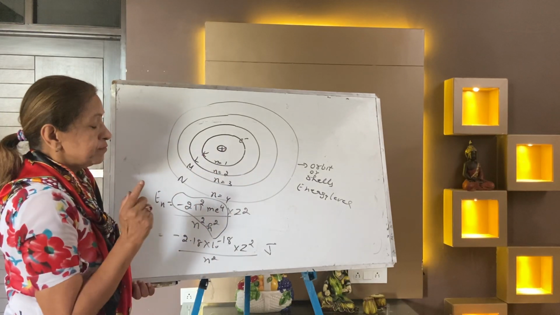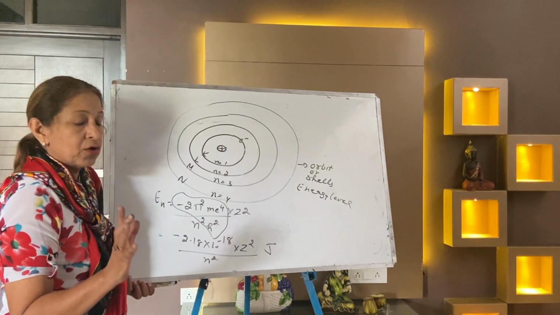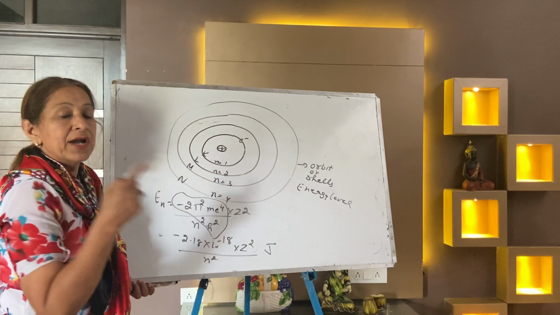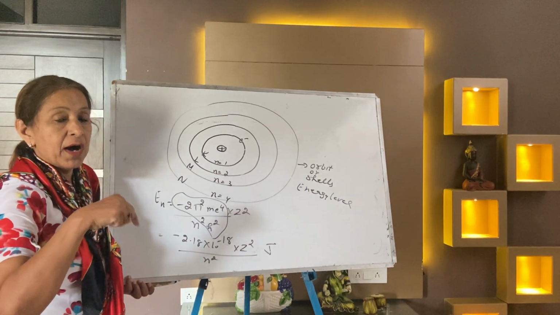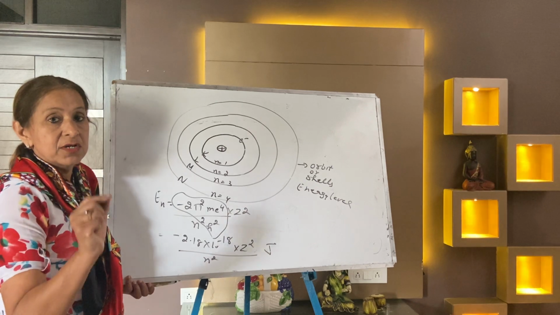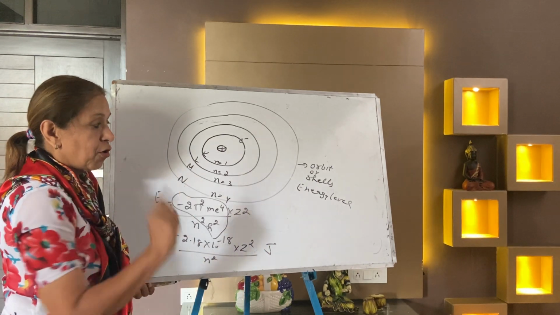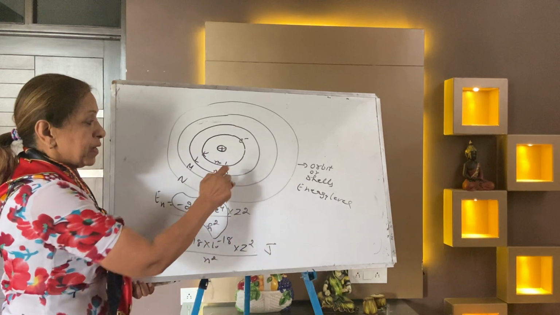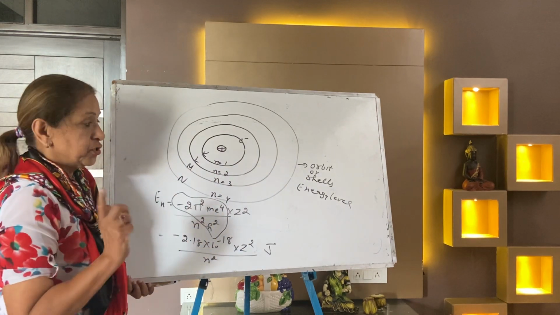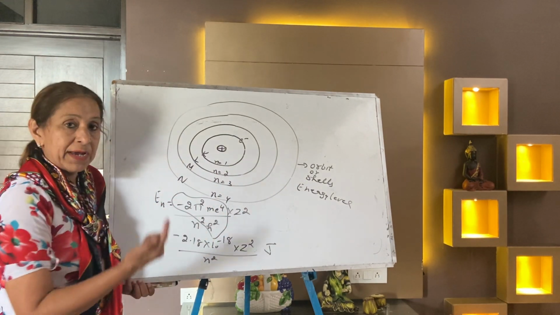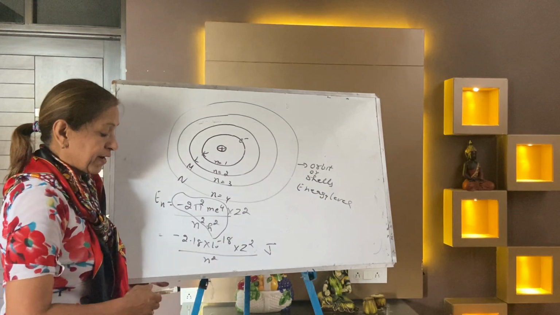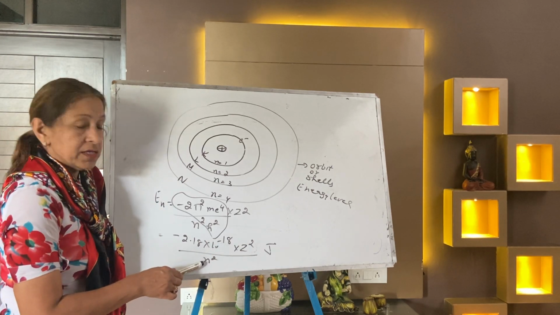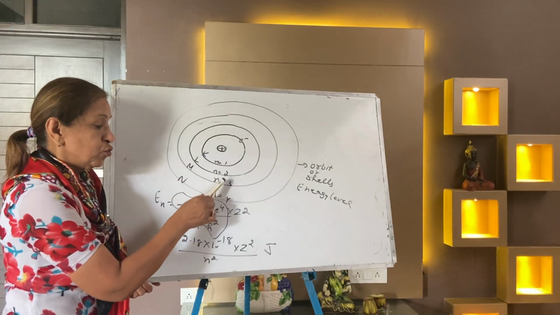So according to Bohr, the first postulate is: an atom consists of a positively charged nucleus at the center, and electrons revolve around the nucleus in a fixed circular path. These are called orbits, shells or energy levels. Why are they called energy levels? Because each orbit has its own energy, and that energy you can calculate by applying the formula −2.18 × 10⁻¹⁸ × Z²/n². n is the number of the orbit: 1, 2, 3, 4 and so on.